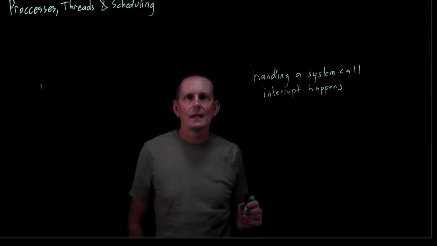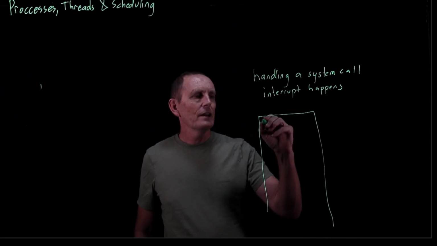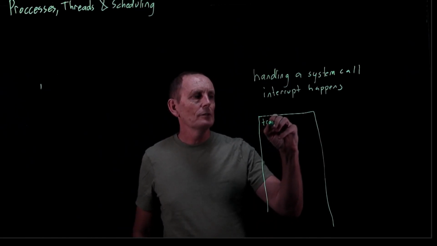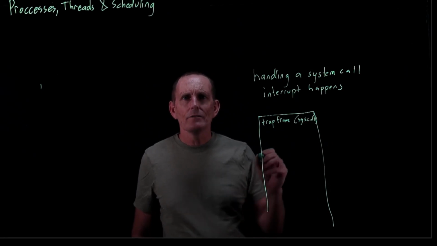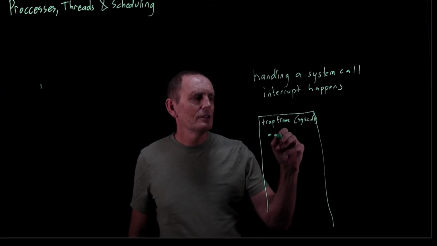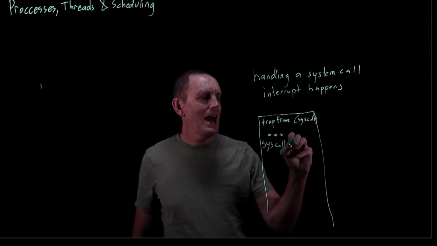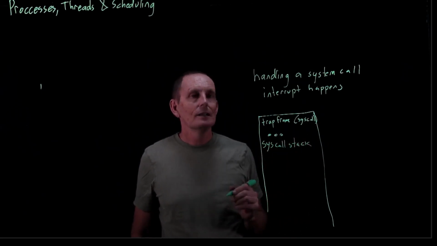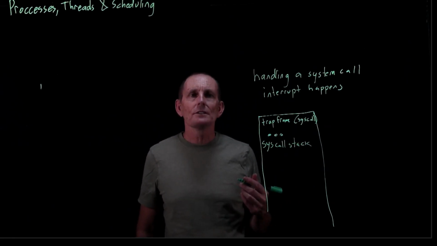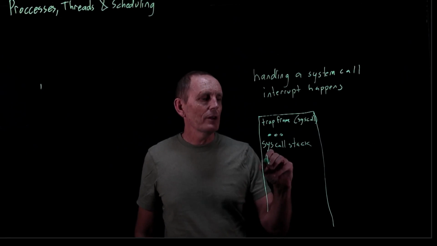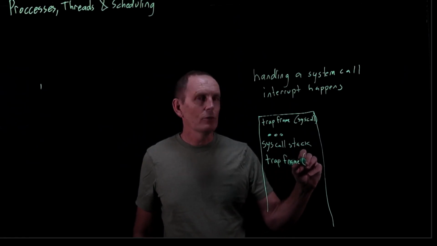Okay, and let's look at that stack. So what's going to happen on the stack? Well, we're going to have a trap frame for the system call. And then we're going to have basically the system call stack as it is handling the system call. And then all of a sudden we get a timer interrupt. So now we're going to get a new trap frame. So here we have a nested trap. So this is for the timer.